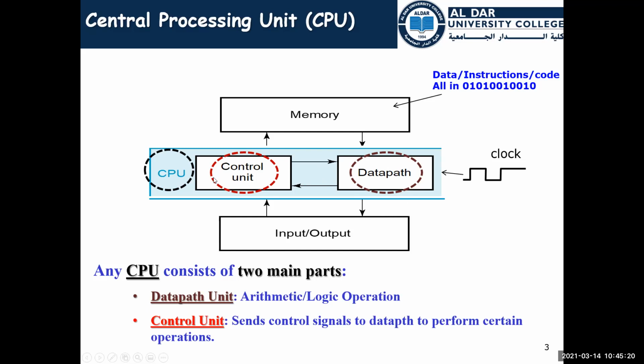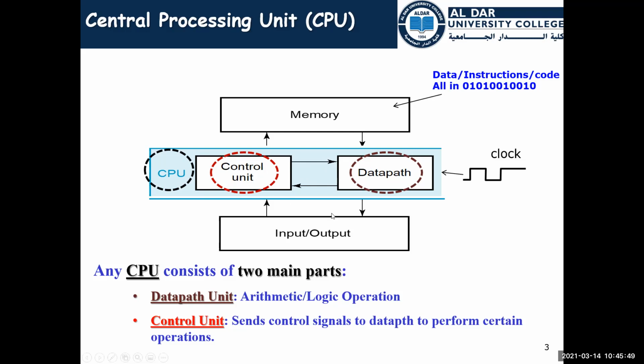The control unit sends the control to the data path to provide the corresponding operation. For example, if I want to make addition, the control unit will initiate addition. If I want to make subtraction, the control unit will send a control signal that enables the subtraction circuit, and so on.